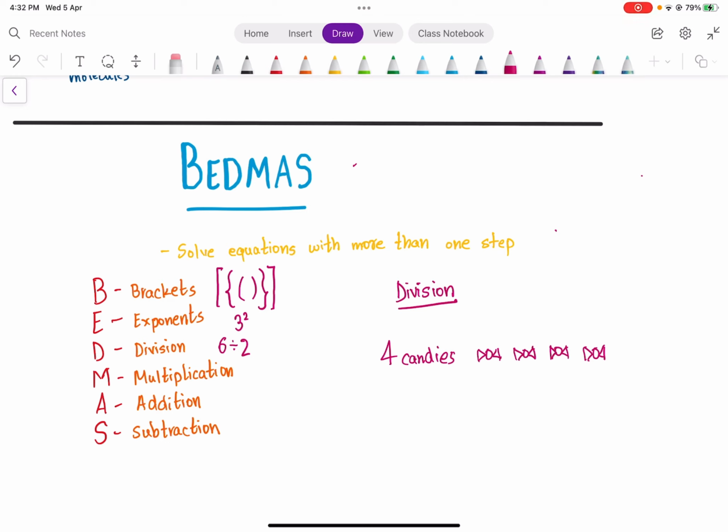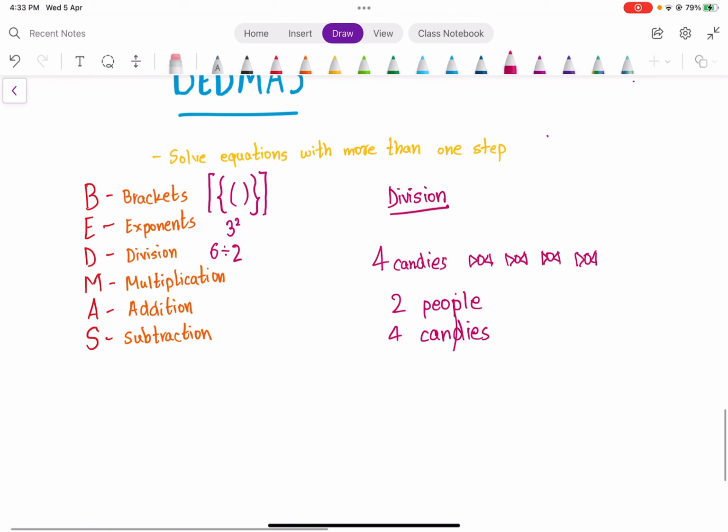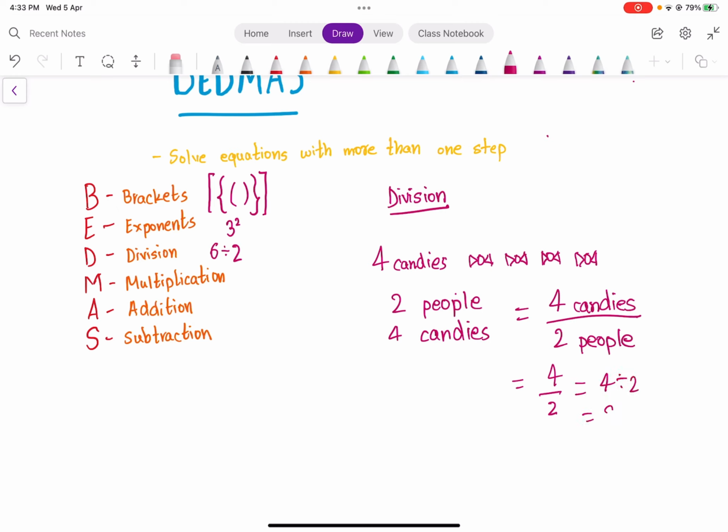So what would you do? Well, since there are 2 people and there are 4 candies, then that would basically mean that we are dividing the 4 candies for 2 people. So that is basically the fraction 4 over 2, which is 4 divided by 2, which is 2. So that means you and your best friend both have 2 candies.